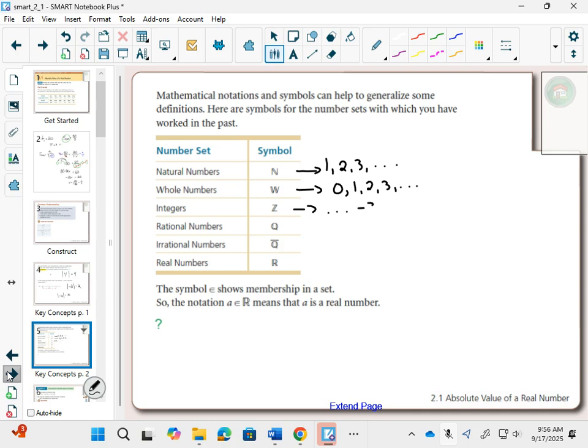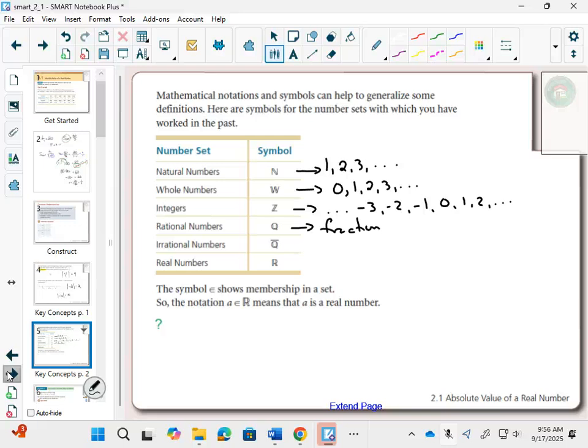Integers are positive and negative whole numbers. Rational numbers are anything that can be written as a fraction. So negative 2, you can write as negative 2 over 1. You can write it as a fraction. It's a rational number.